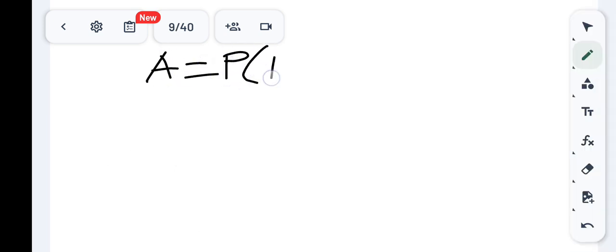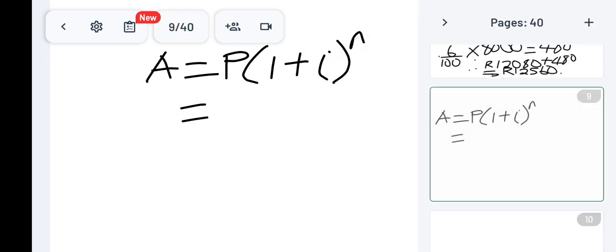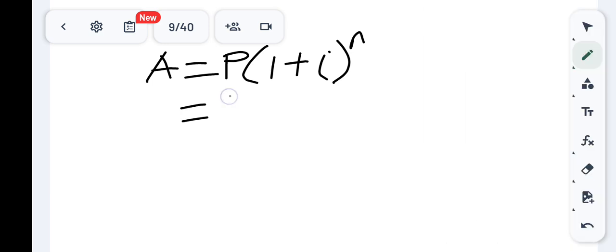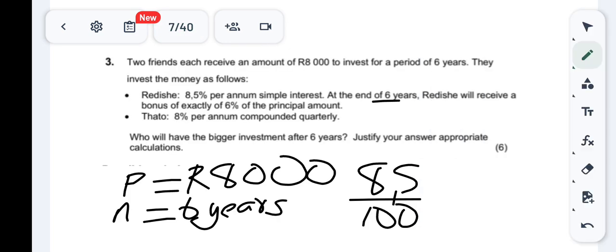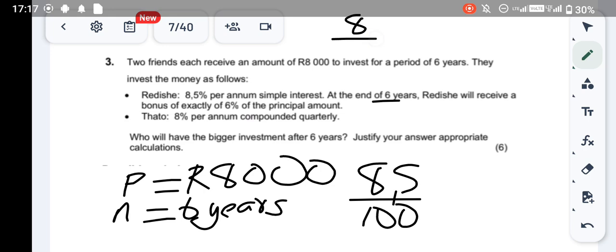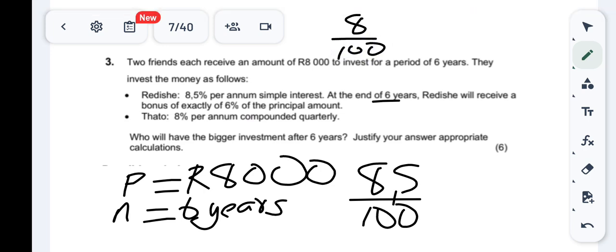So let's write the formula for compound interest down. P is 8,000, so that is 8,000 into 1 plus the interest rate. The interest rate is 8%, so you will say 8 divided by 100, which gives you 0.08.